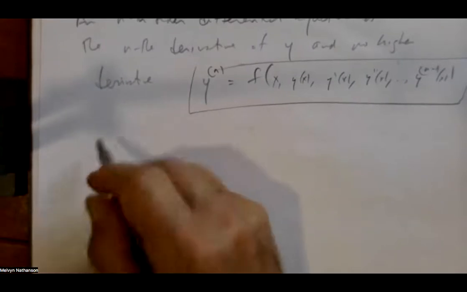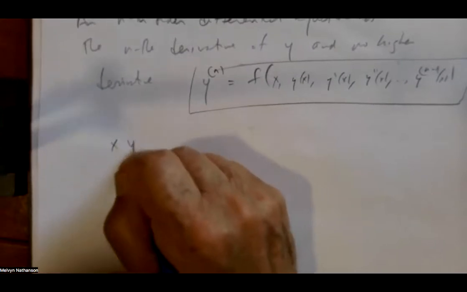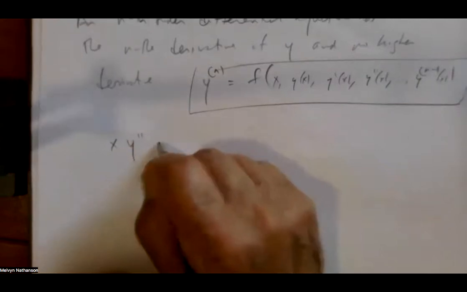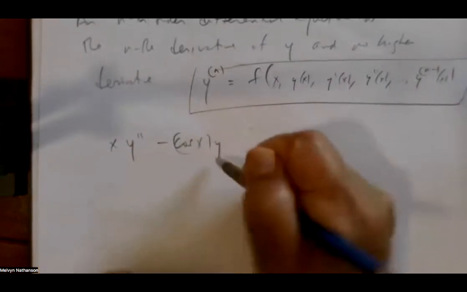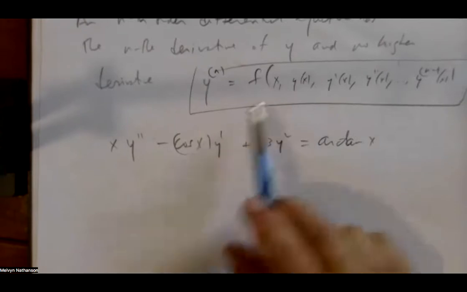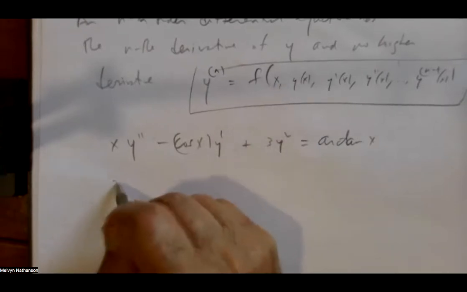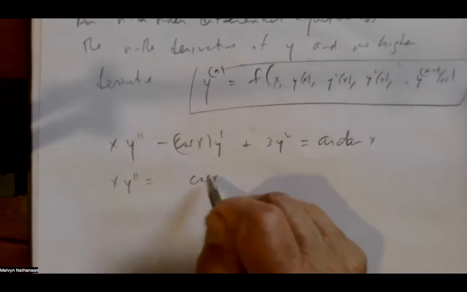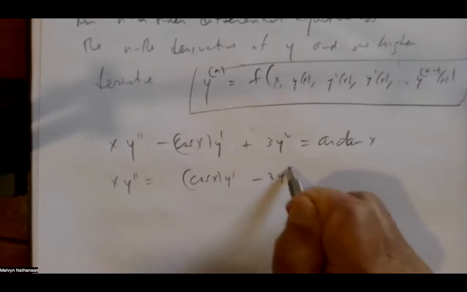So if you had something like x y double prime minus cosine x times y prime plus 3y squared equals the arctangent of x, that's a differential equation. And you say, well, it's not exactly of this form, but you can always put it in this form if you wanted to. This would be x y double prime equals, just bring everything else over: cosine x y prime minus 3y squared plus arctangent of x.